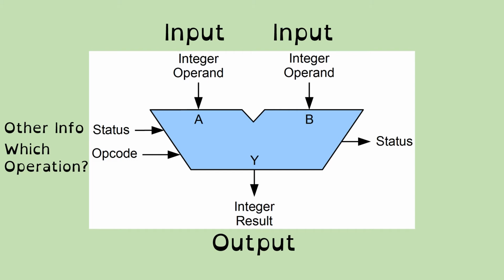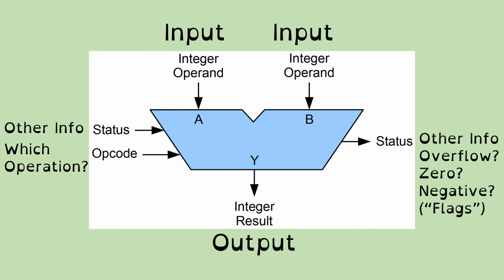And because we're designing a 4-bit CPU in total, then our opcode can be a maximum of 4 bits. So we need to bear that in mind as we're designing this. And then finally, on the other side, I kind of implied that there might be more output as well as the actual mathematical output.